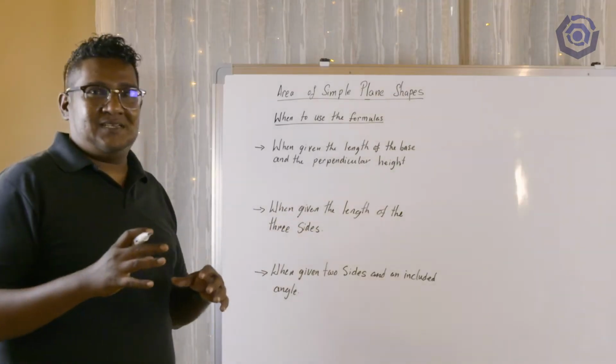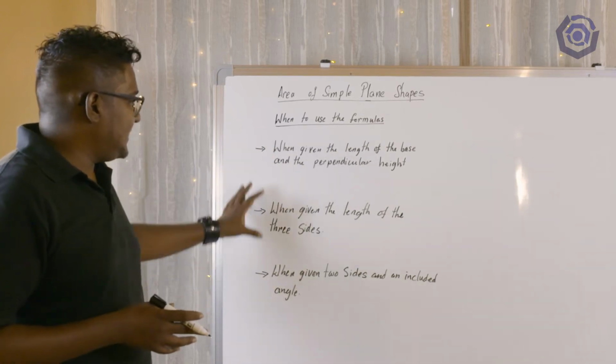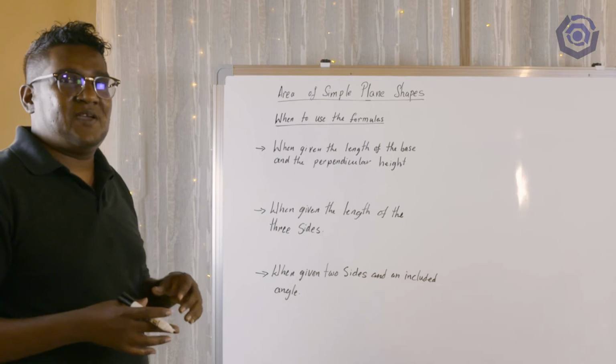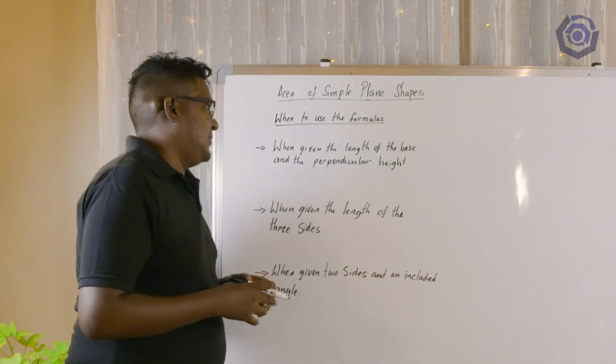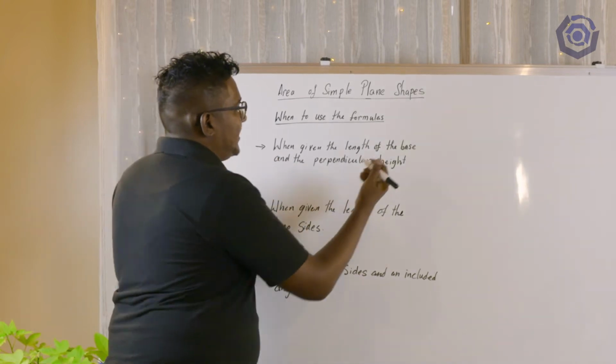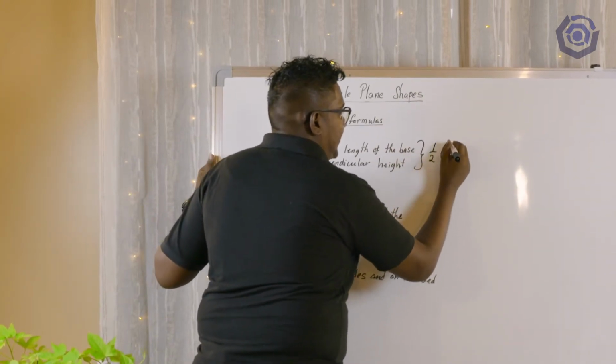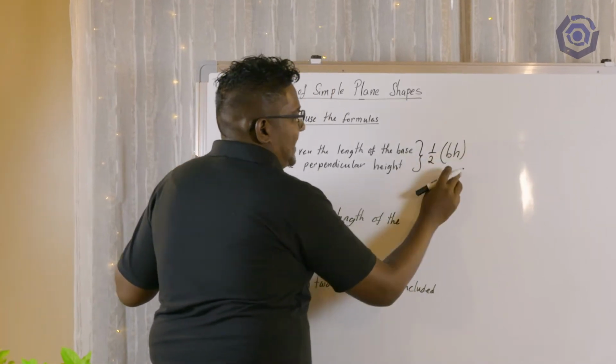So let's recap the area of a triangle. We looked at 3 different formulas given 3 different scenarios. I have 3 statements here which will help you identify when to use the formulas. When given the length of the base and the perpendicular height, we use the 1/2 BH formula, which is 1/2 base times height.